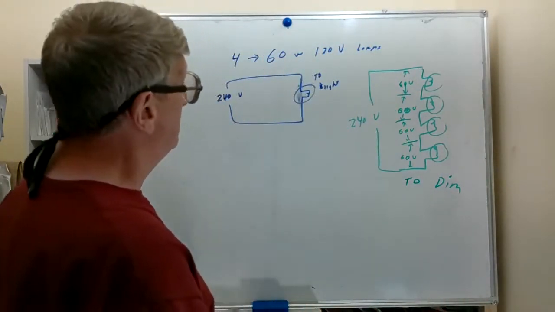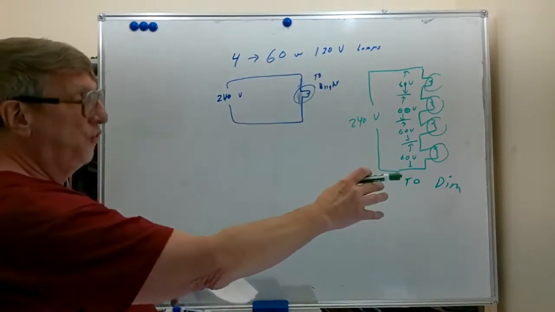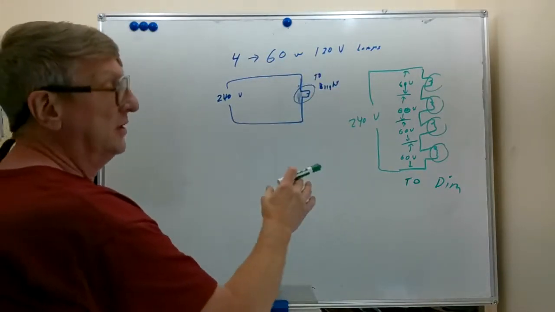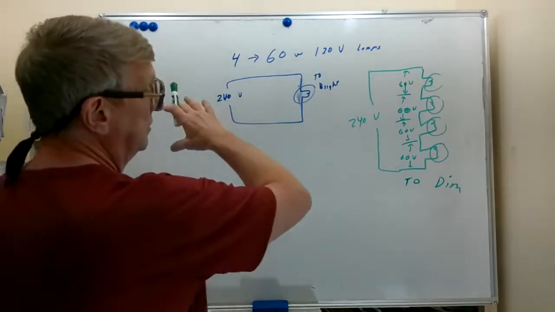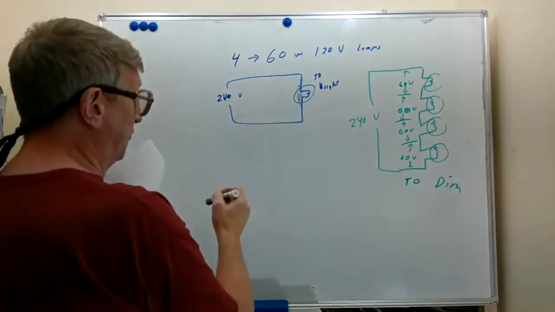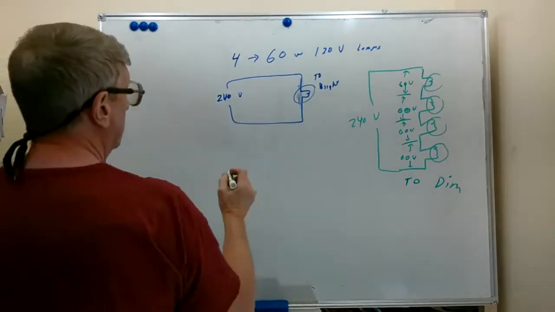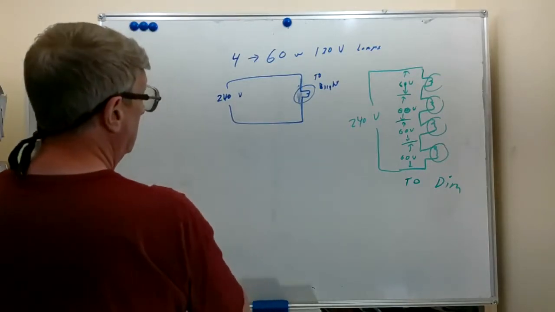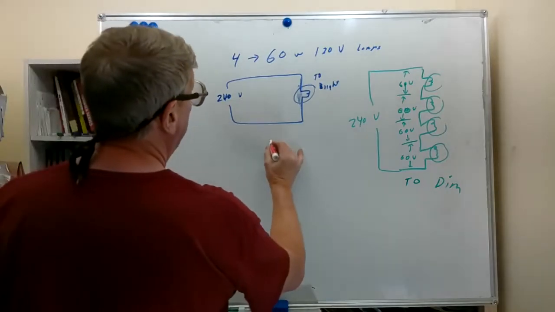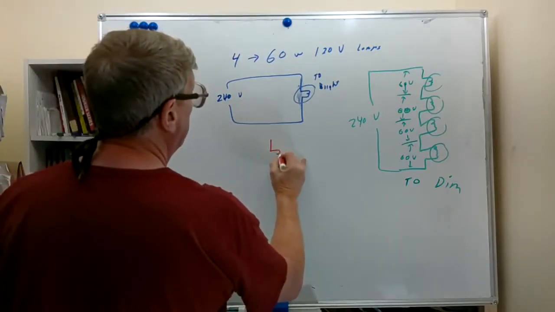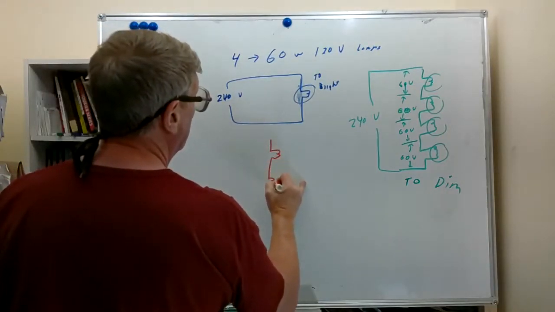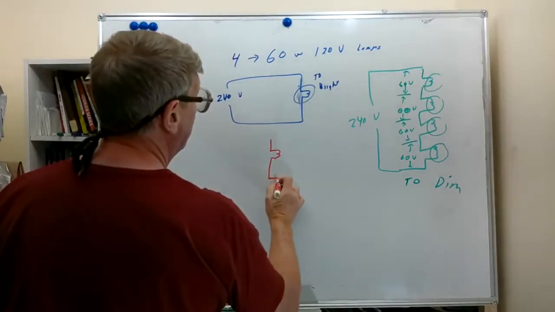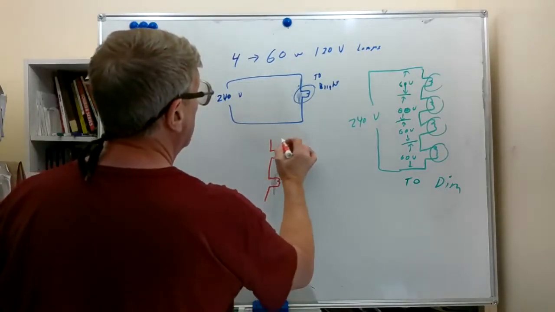So let's try one more way of wiring these four lamps in attempts to run them off of a single 240 volt power supply. This time we're going to make two parallel branches with two lamps in series in each one.